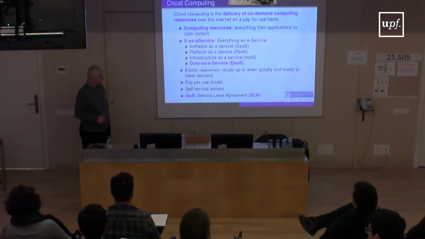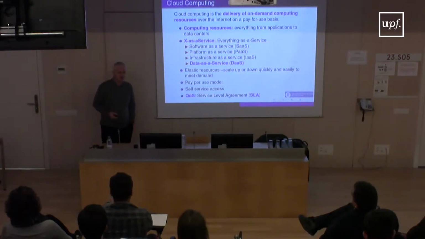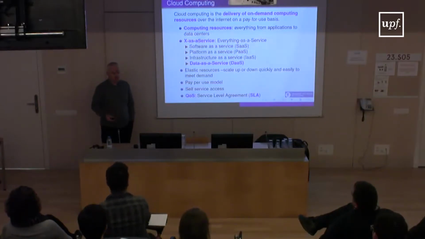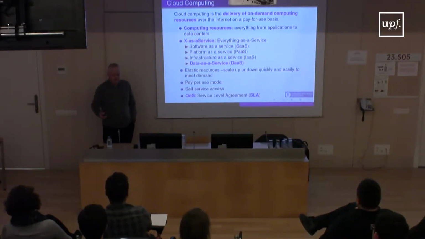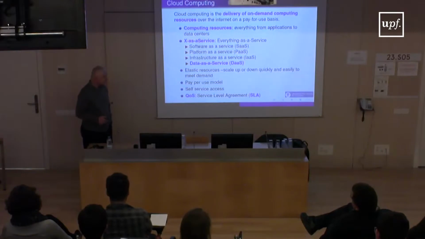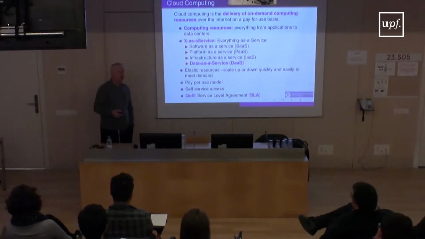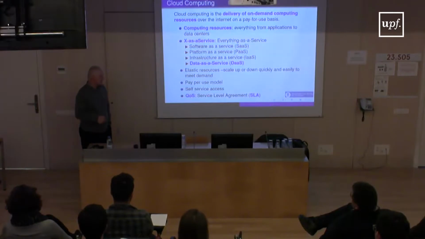And finally, the quality of the service, which is one of the most interesting and important parameters in all distributed computing systems, is now more formalized, because it's a kind of contract between the cloud provider and the user, right? And this is usually known as the service level agreement.